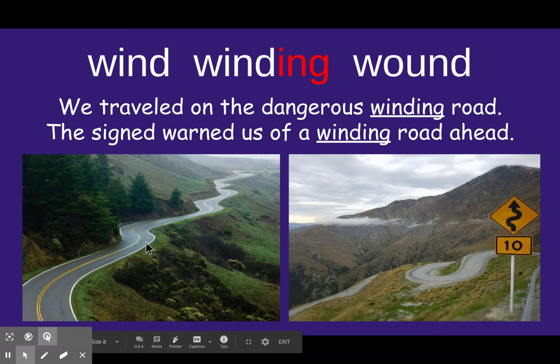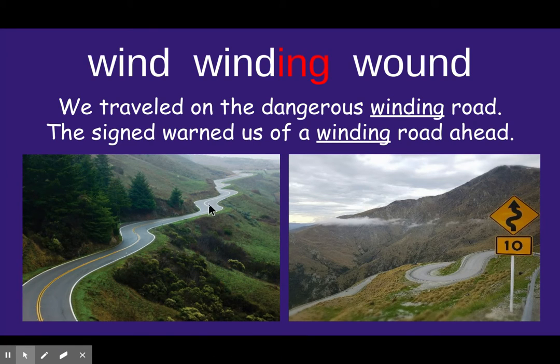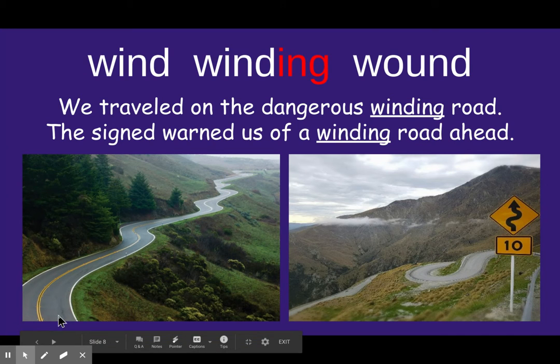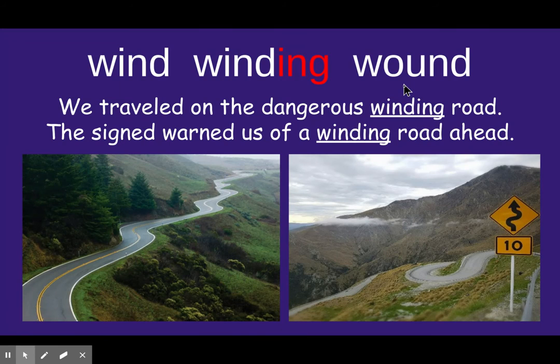And this would be the dangerous winding road that they would have been driving on. And maybe it's dangerous because it's a little bit wet. And then as you're going, you have to slow down because if you notice, there's no guardrails right there. So wind, winding, wound. And it means to go back and forth when something winds.